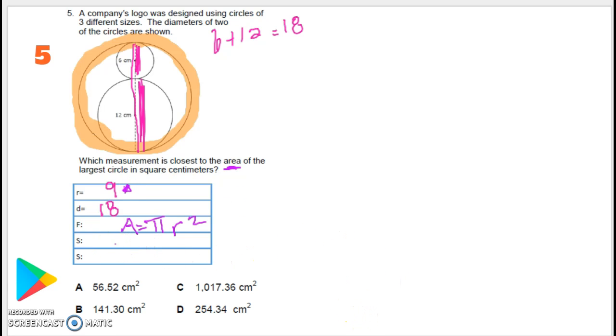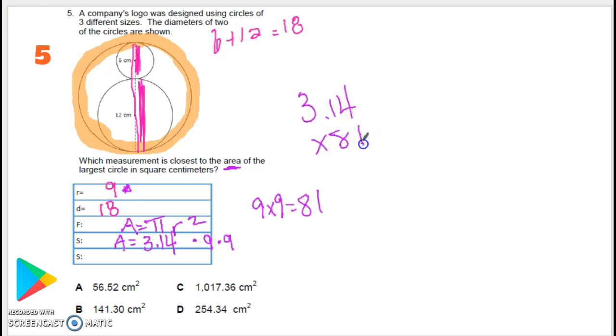So when we substitute, A equals pi, which is 3.14, times the radius, which is 9, so 9 times 9, and 9 times 9 is 81. So we need 81 times pi, so 3.14 times 81.